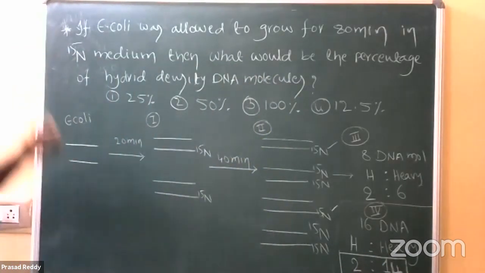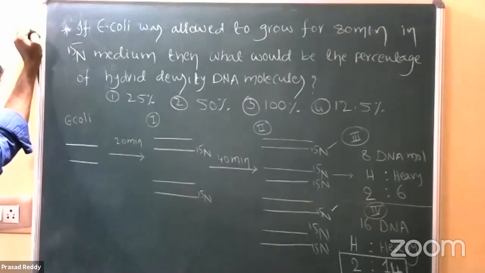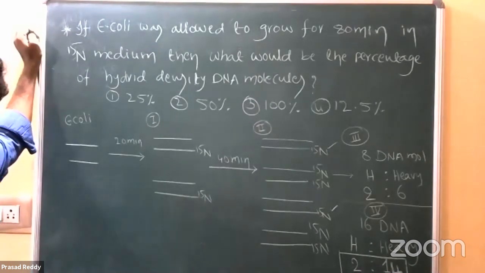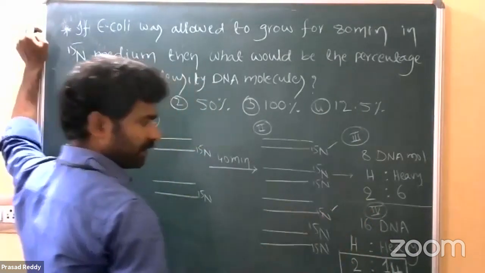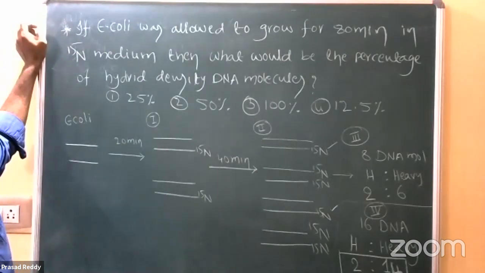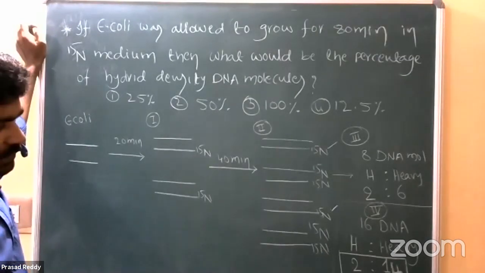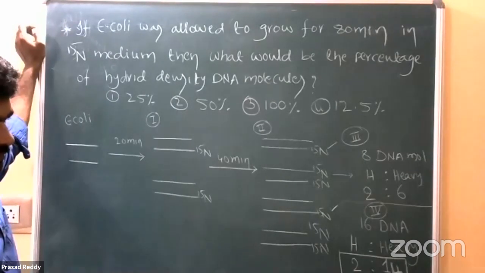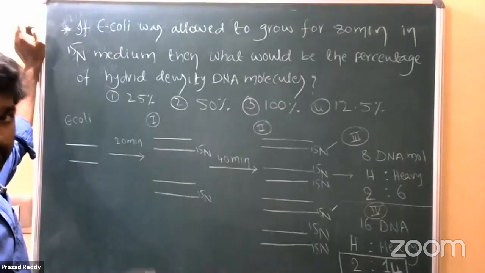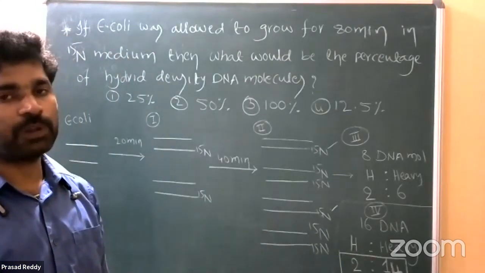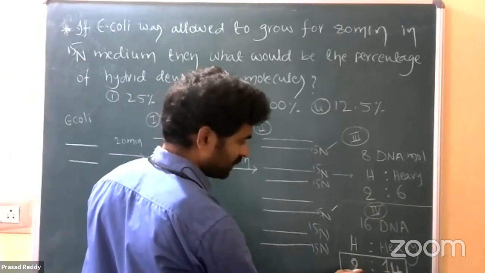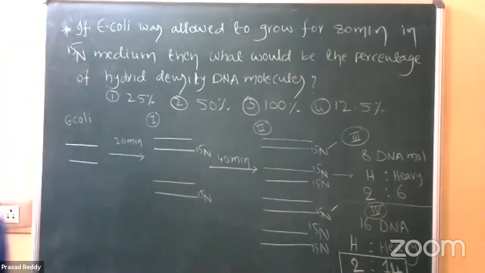So 16 DNA molecules is 100%. Half of it, 8 DNA molecules, is 50%. Half of 8 is 4, which is 25%. Half of 4 is 2, which is 12.5%. So the 2 hybrid molecules are 12.5% and the remaining 14 DNA molecules are 87.5%.